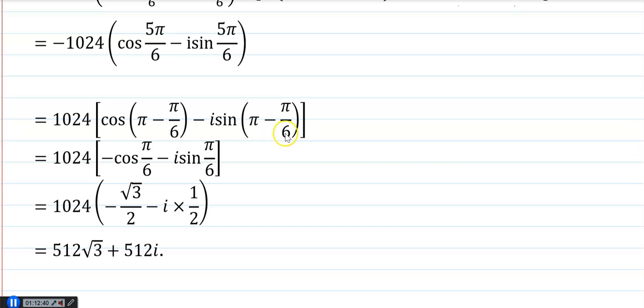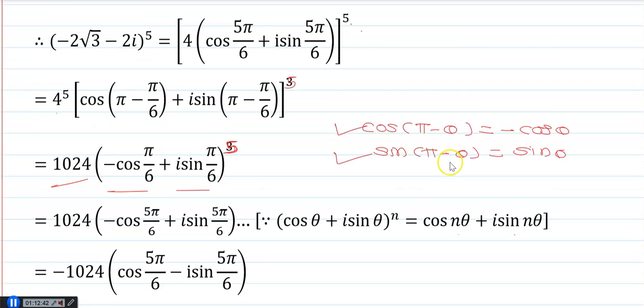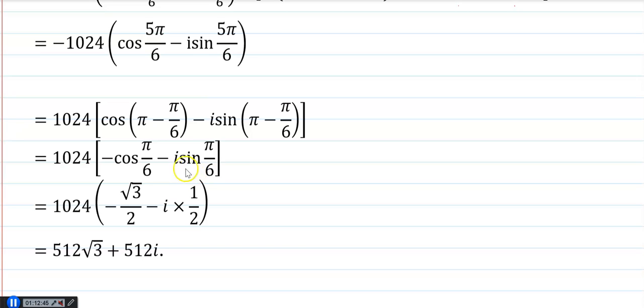Sine of pi minus pi by 6 is sine theta, this is sine of pi by 6. Now both have a negative sign. Here is a minus sign, and this is again minus, and overall I will write the minus sign.